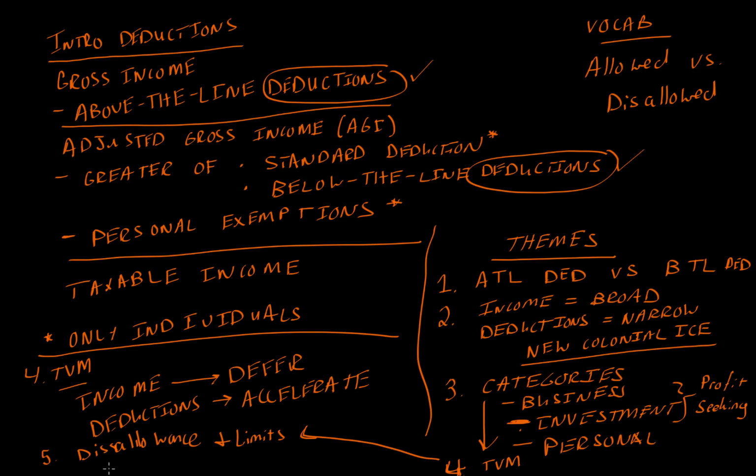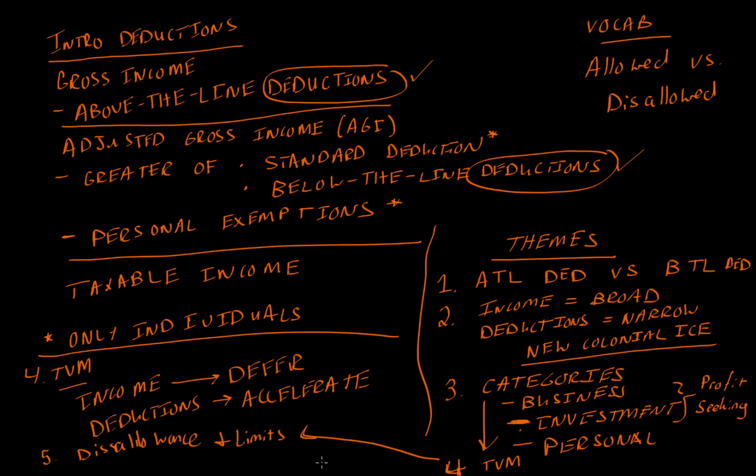It's not as simple as saying, okay, we determine that it's allowed, and that's it. No. You have to figure out the amount, and you have to consider the disallowance provisions and the limitation provisions. So, for example, losses. Losses might be allowed under the general rule, but then you might have other disallowance rules or other limitations, such as passive activity loss rules, the capital loss limitation rules, even related party limitations or wash sales.